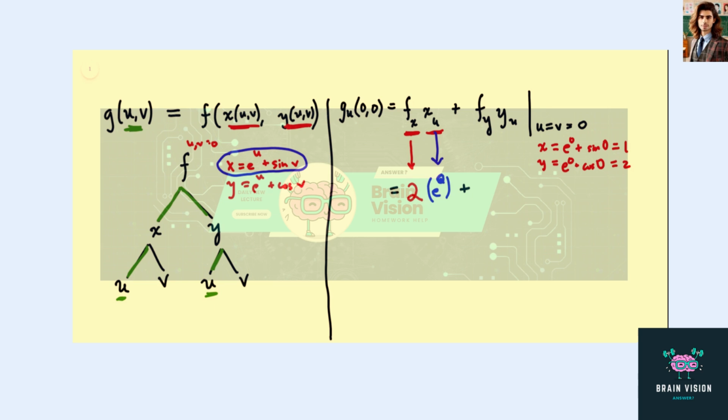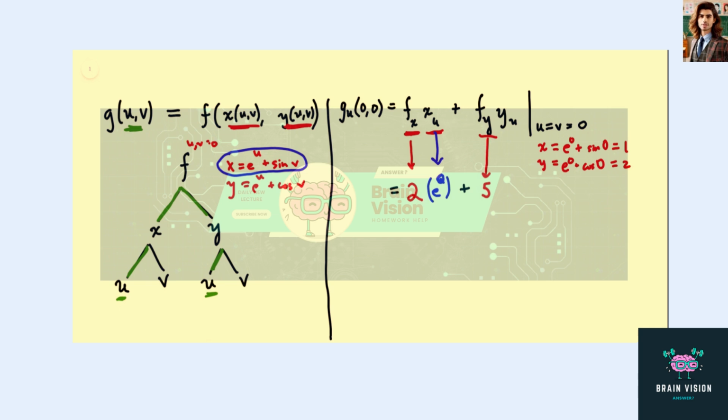Same thing as before. Let's look in the table. We care about the point 1, comma 2. So that will be the bottom row, and we see that's 5. So again, from the table, f partial y is 5.